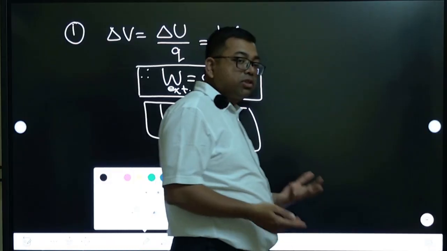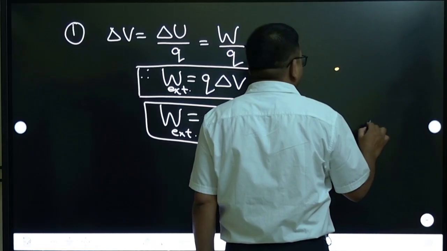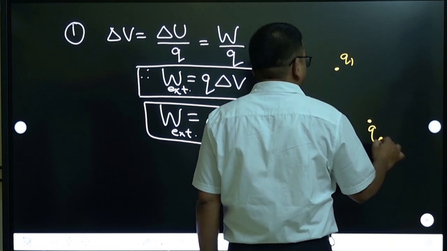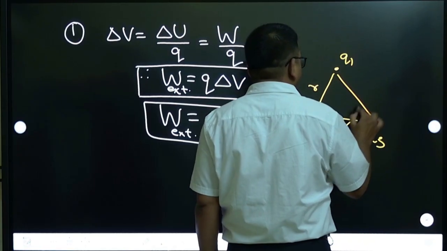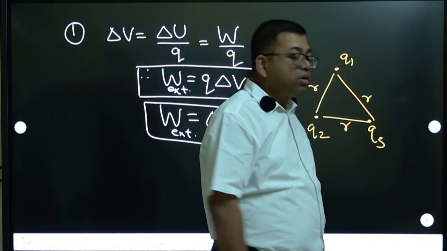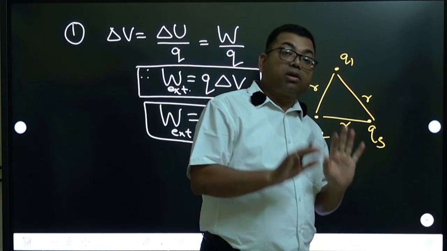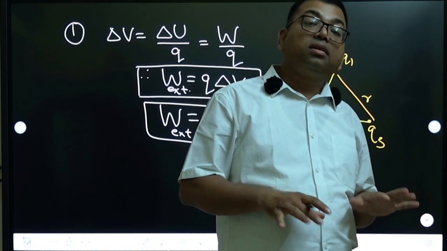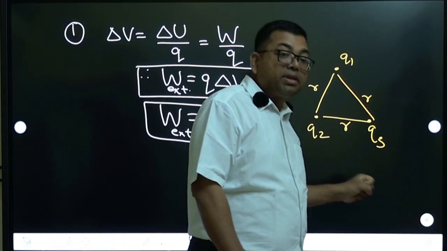So what type of questions will be coming? They will say, let us say 3 charges are there, q1, q2, q3, separated by some distance, let us say r, on an equilateral triangle. What is the work done to move this charge to infinity? Work done is nothing but the change of potential energy. What is the potential energy of this system right now?